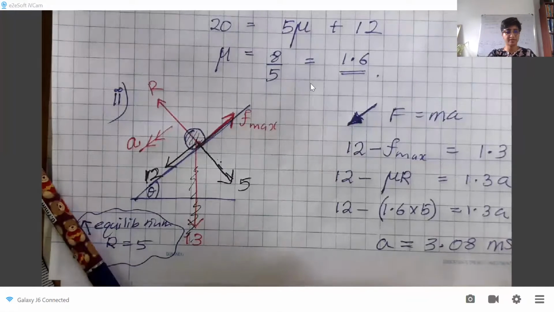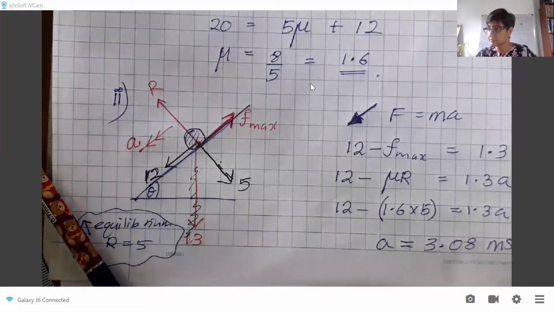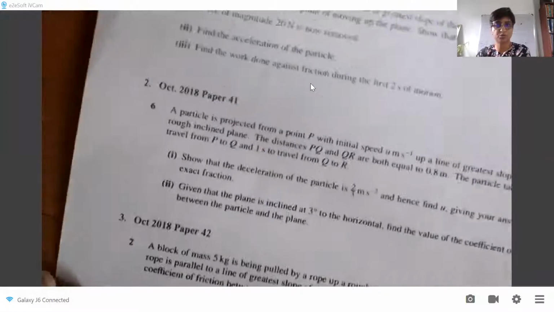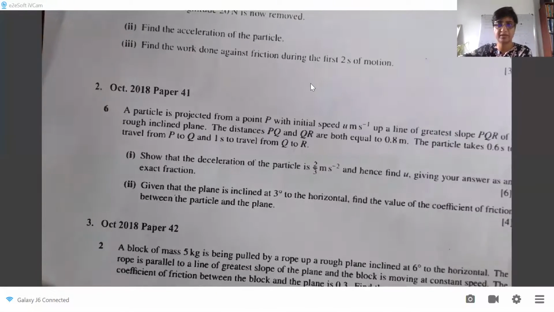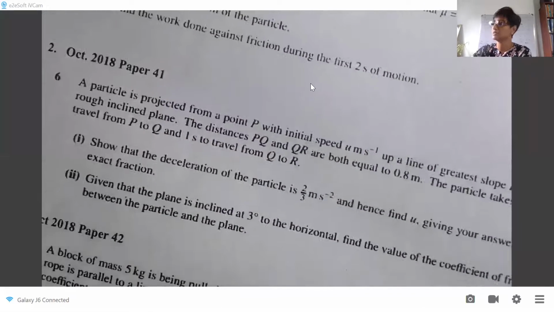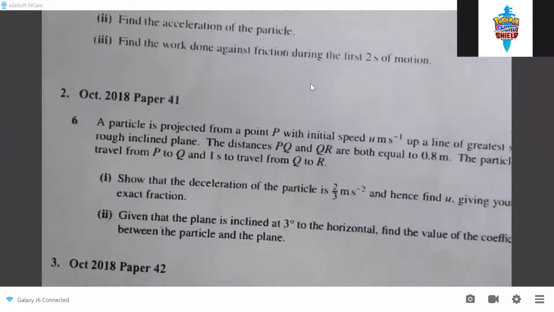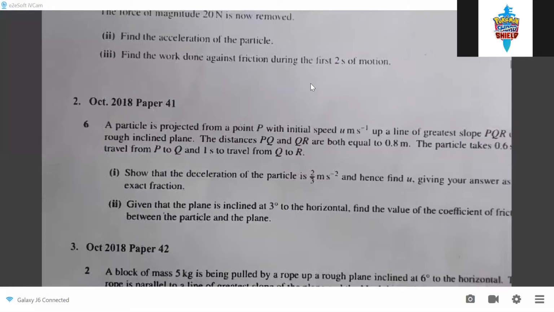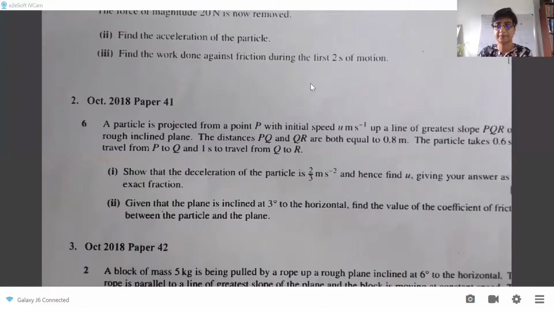Anyway, let's look at the next question. Here's your next question. Quickly copy this, please. Number 2. Wait, I will zoom this up a bit. Can you see number 2, this one?